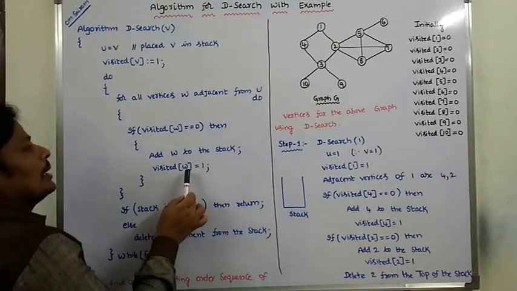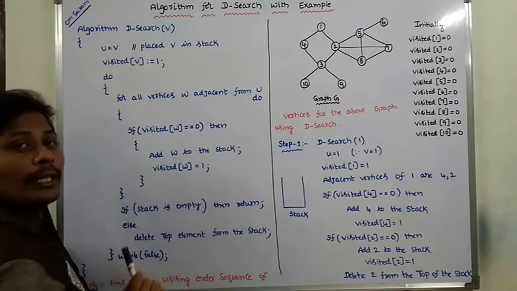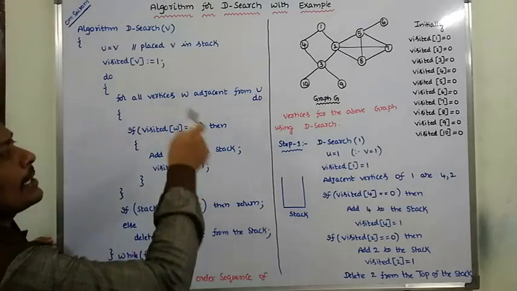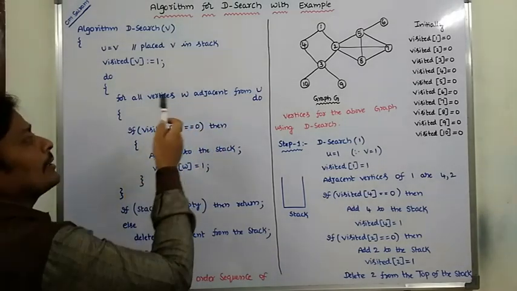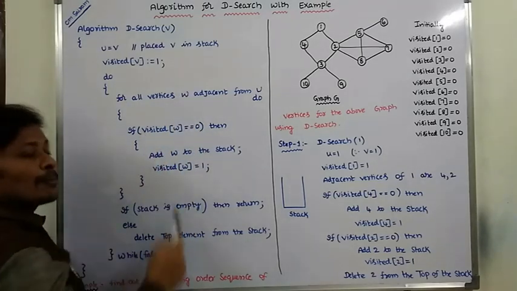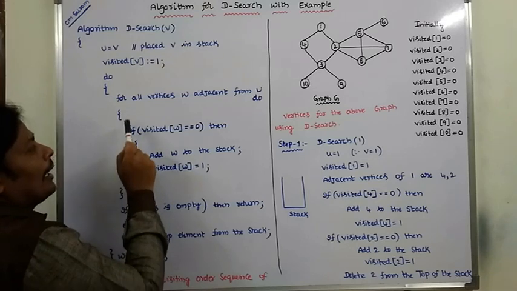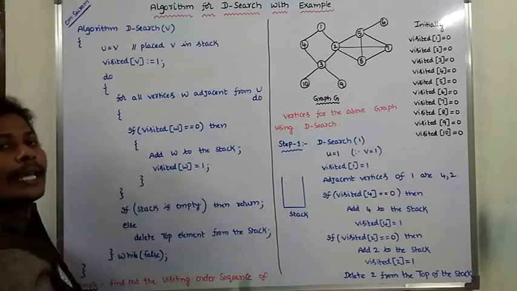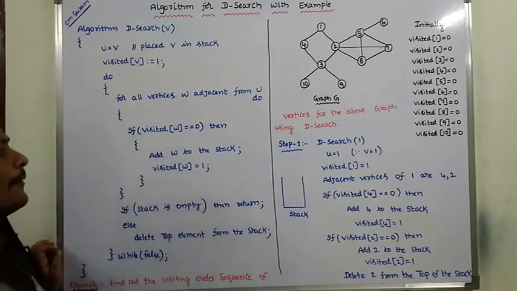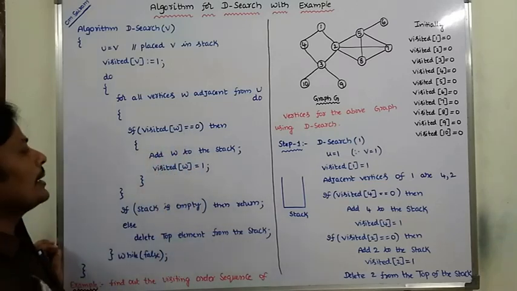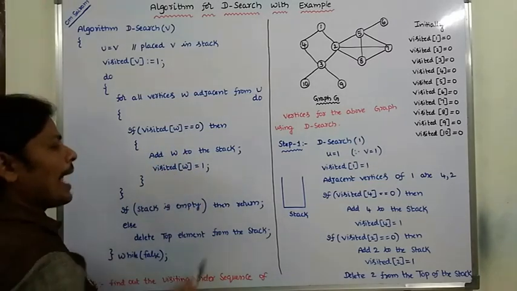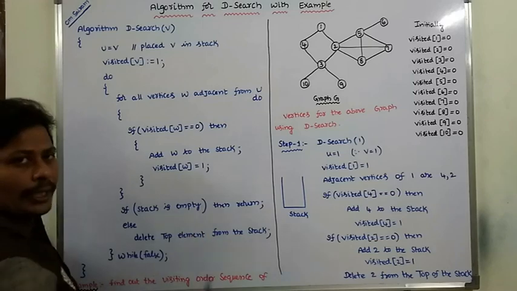Now again we go for the second vertex W, adjacent to U. The second W contains more than one vertex. Again we check if visited of W is equal to 0. If the condition is true, then add W to the stack and visit that vertex.